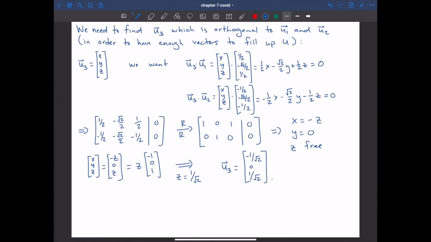Once we have our third U vector, that's now enough to fill up the U matrix. So let's take the 3 vectors we found and plug them in here, and we're going to continue with our Prussian blue.